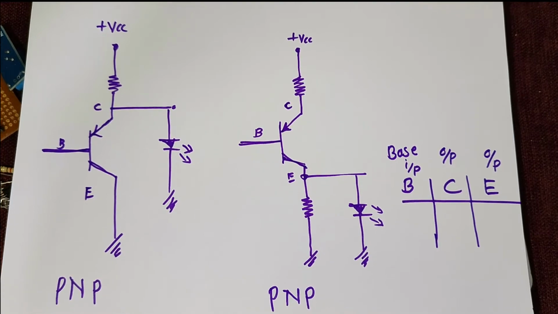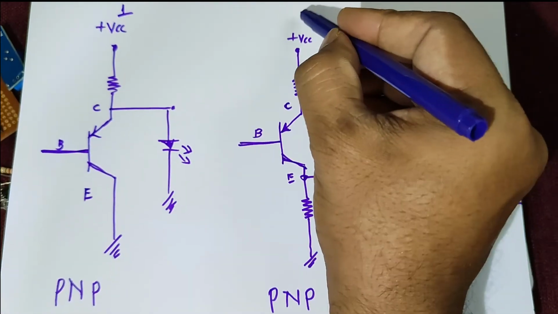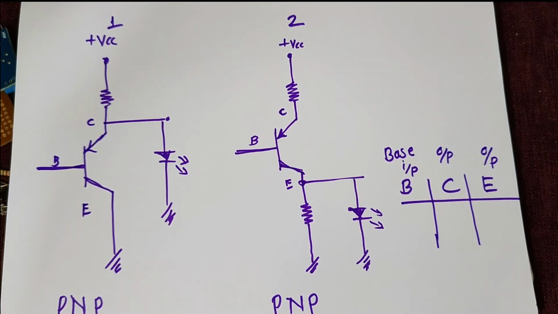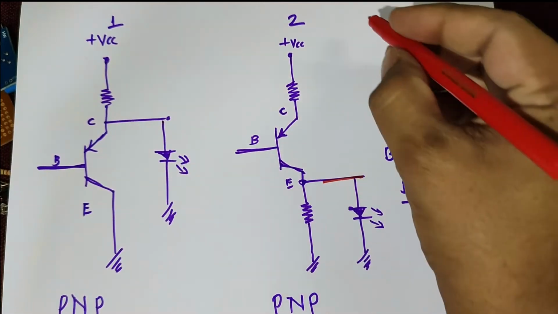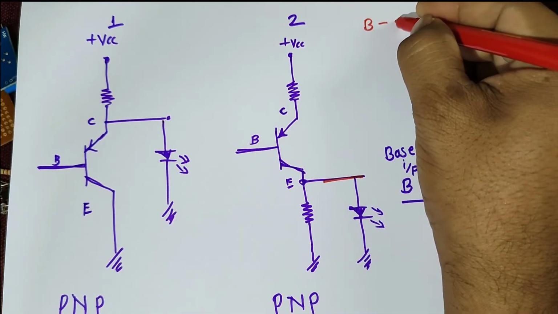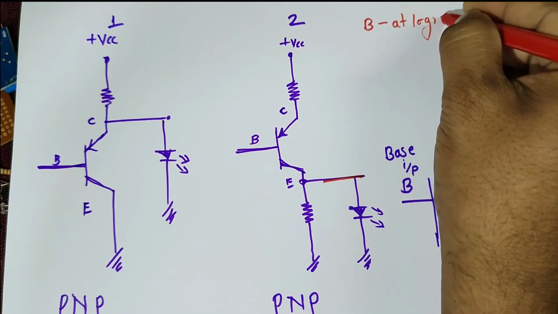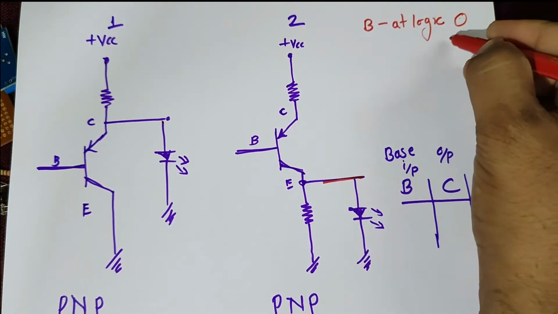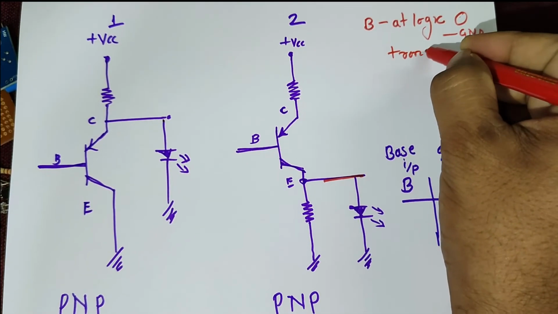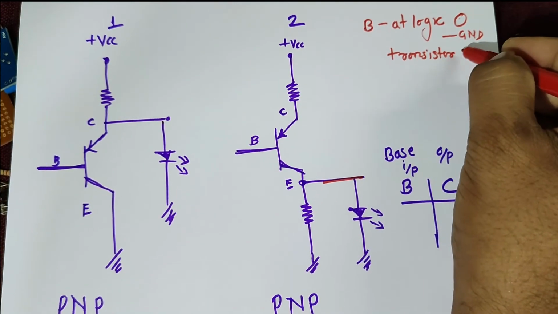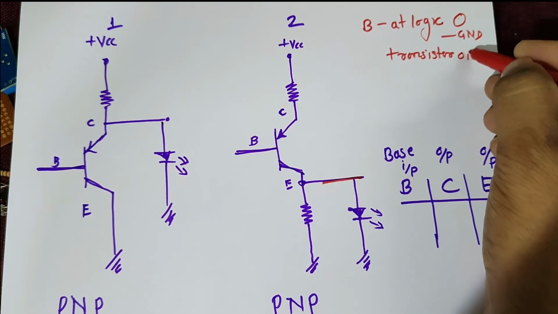In this, there is figure 1 and another is figure 2. In figure 1 we can observe that I have taken the output at the collector, and in figure 2 I have taken the output from the emitter. Now, with the NPN transistor, when the base is at logic 0, that is at the ground potential, the transistor is on.